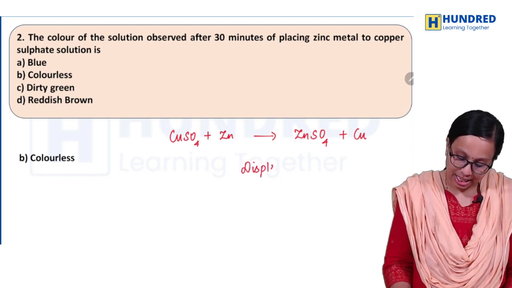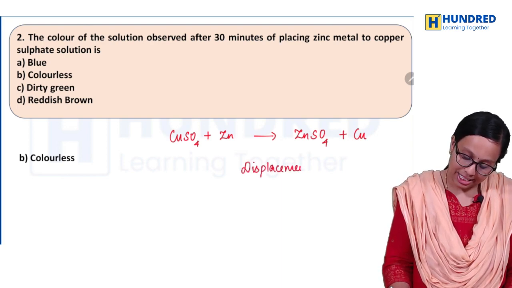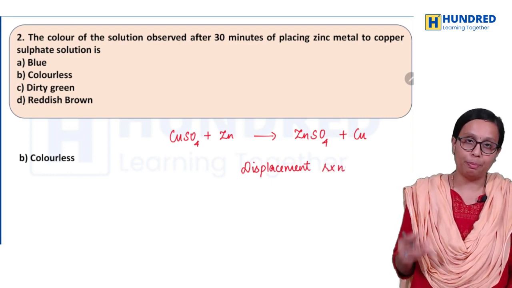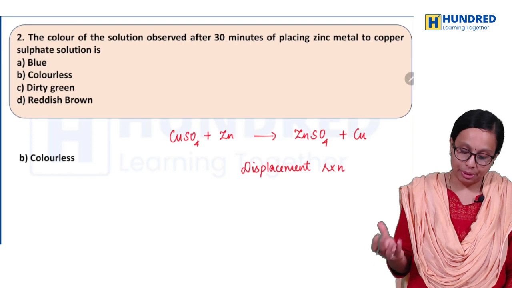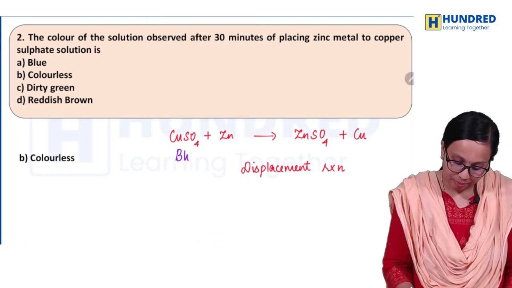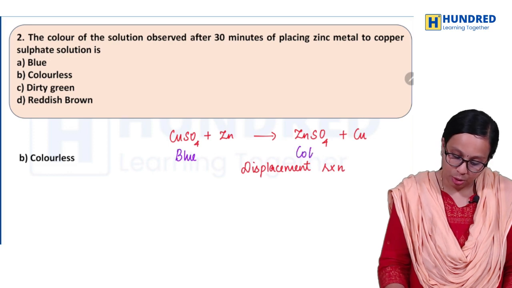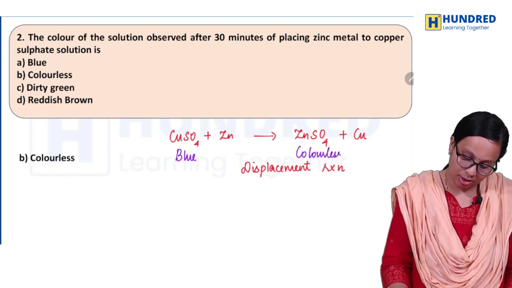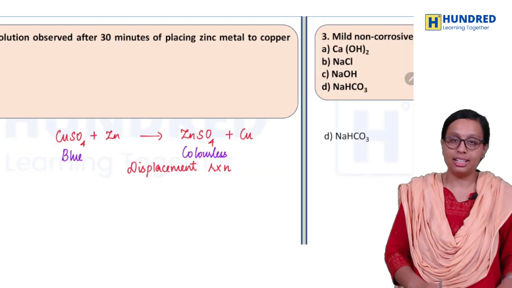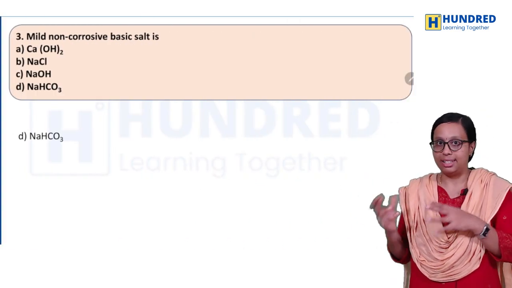Zinc is highly reactive compared to copper, so it has replaced the copper. Now copper sulfate solution is blue in color, whereas zinc sulfate solution is colorless. That's the reason you get a colorless solution.